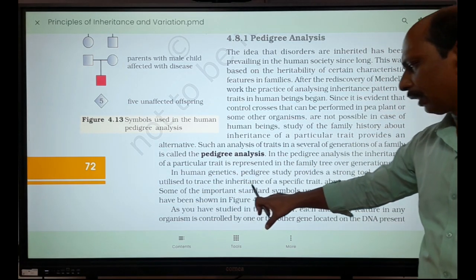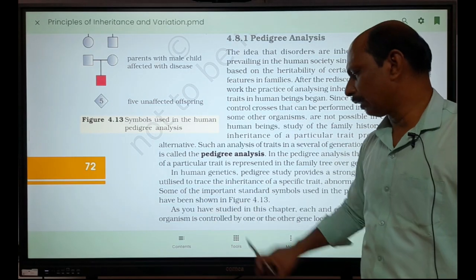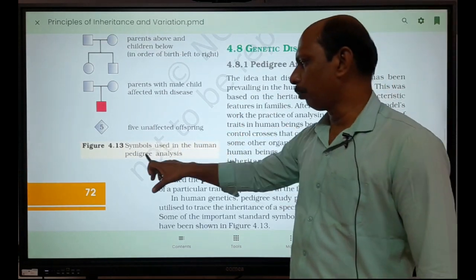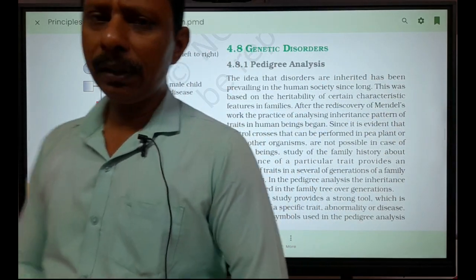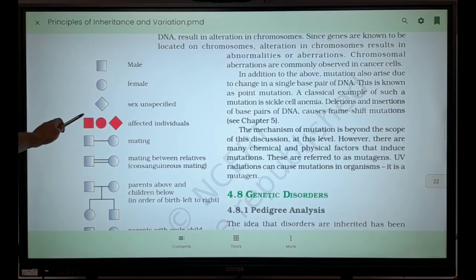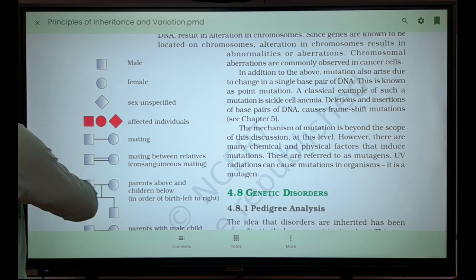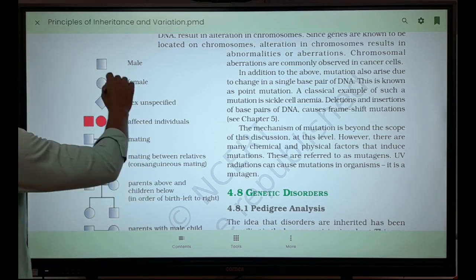Some of the important standard symbols used in pedigree analysis have been shown in figure 4.13, and this figure is given here. Symbols used in human pedigree analysis. In NCERT, not all the symbols are given, but major symbols are given here, and you can see here that a square represents the male.